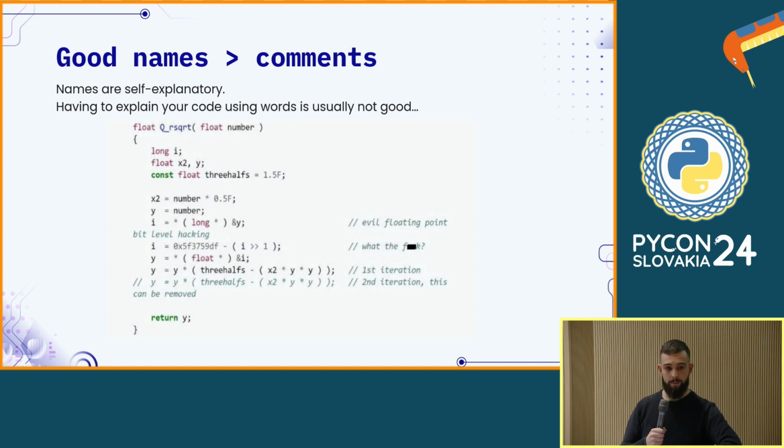So another thing that I want to mention is the topic of comments. Normally, I got taught when I was studying at university and when I was taught programming that commenting code is very good and you should do it. And that's true, but it's not necessarily always true.